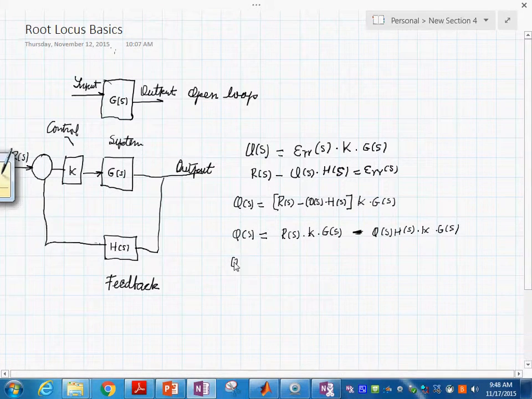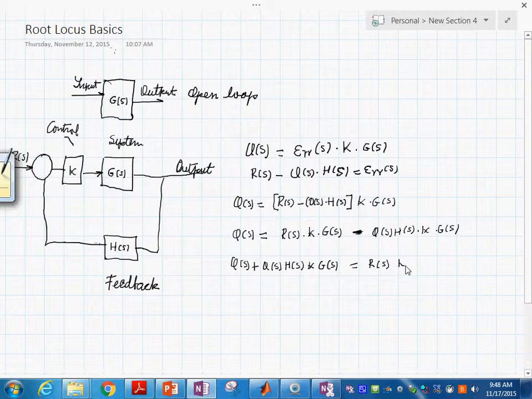So I would say output of s plus, bring this to the other side, output of s times h of s times k times g of s equals r of s times k times g of s. Okay, very good.